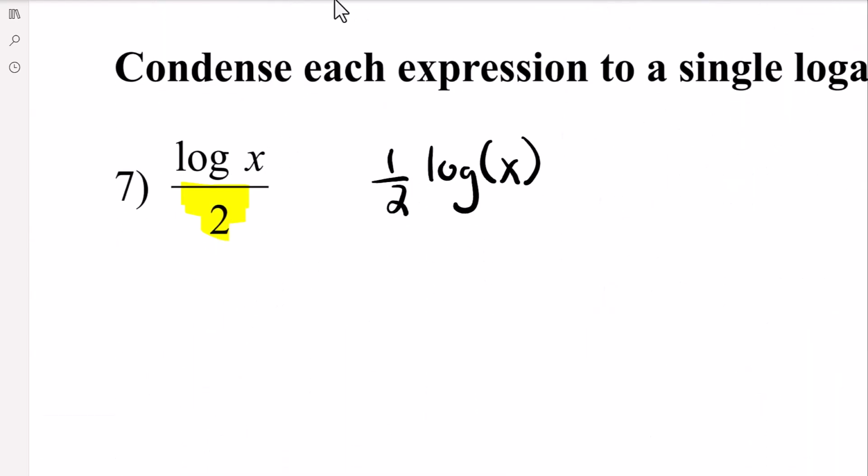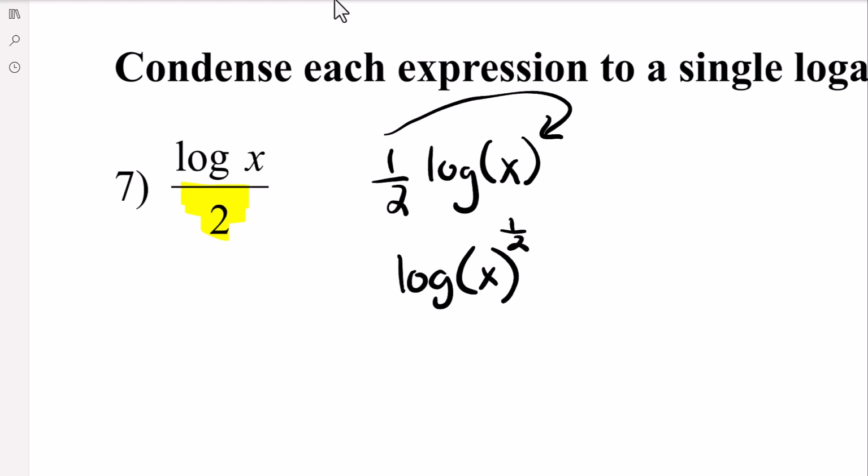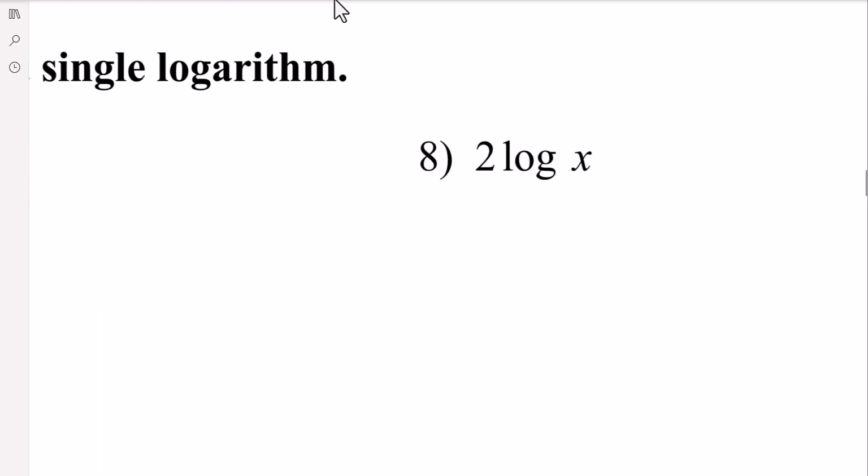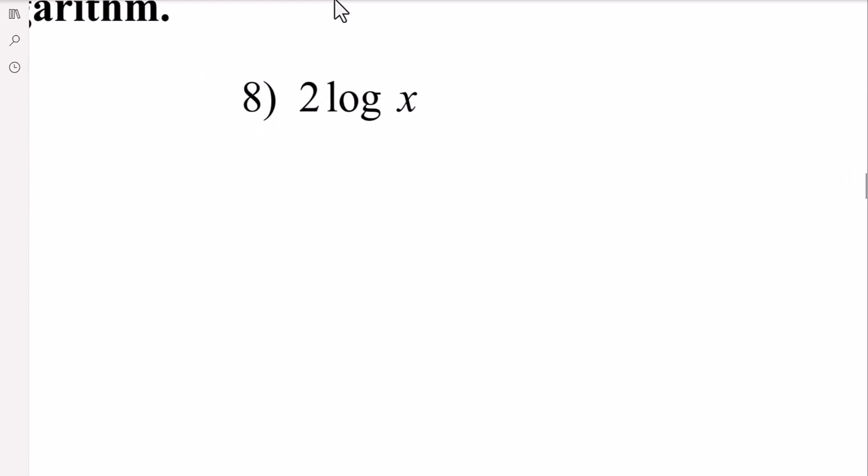So since this number is being multiplied, we can now rewrite that as log base 10 of the argument a, and that's being raised to the 1/2 power. Now, this is just the same. I didn't catch that they would be the same.